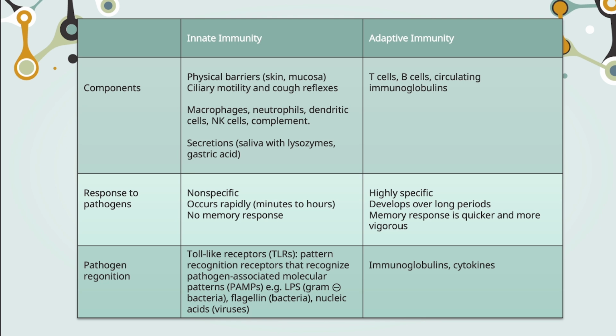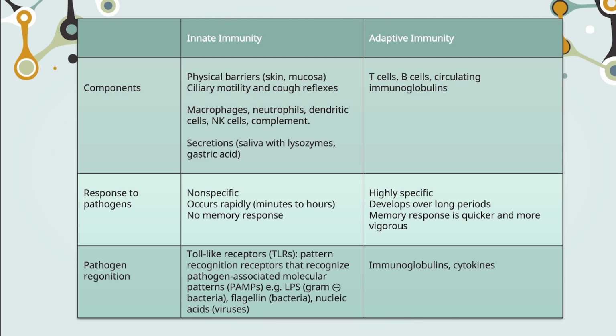Now, let's talk about adaptive immunity. The components of adaptive immunity are T cells, B cells, and the circulating immunoglobulins. Now, compared to innate immunity, the response to pathogens in adaptive immunity is highly specific. For example, if there is a streptococcal sore throat, there will be a specific response to that particular strain of streptococcus.